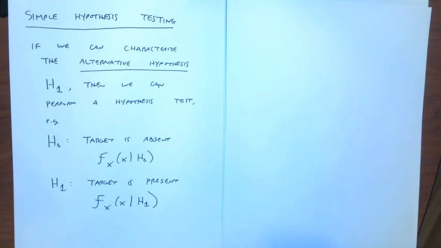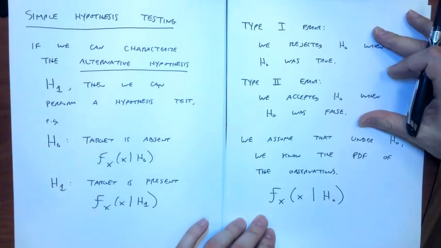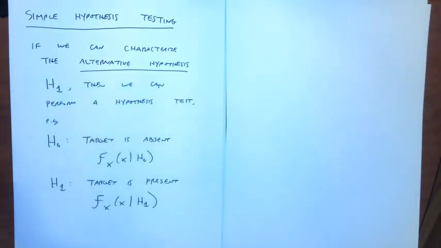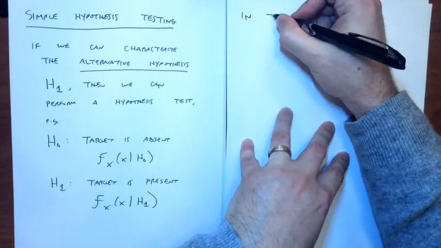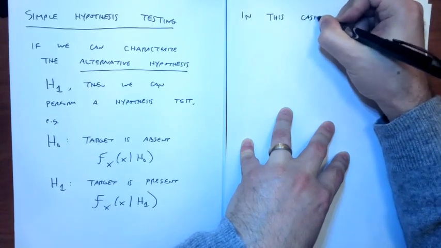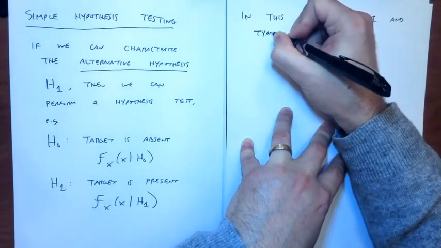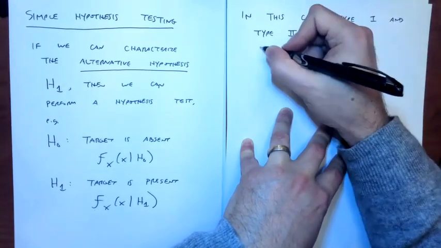Now if I go back to the ways that things can go wrong, to my type 1 and type 2 errors, let's recall that this was only in terms of when all I knew was H1. Now that I have two hypotheses that I can both characterize well, I can give these things different names. In this case, the type 1 and type 2 errors have special names.